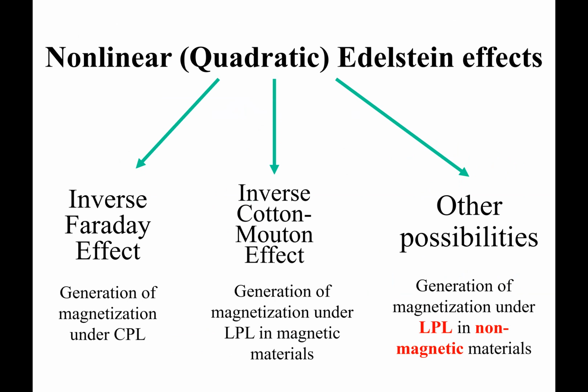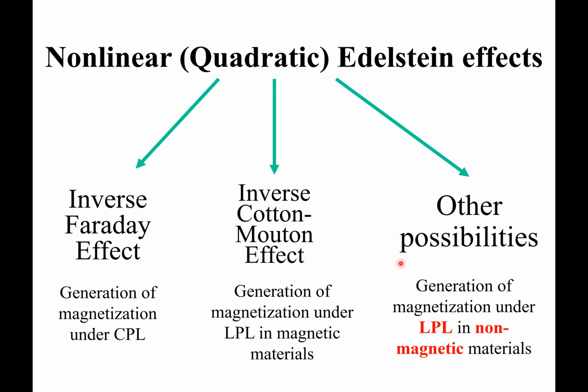So compared with previous literature, there is a known so-called inverse Faraday effect, where you generate magnetization under circularly polarized light. There is also an inverse Cotton-Mouton effect, which is in magnetic materials, you can generate magnetization under linearly polarized light.